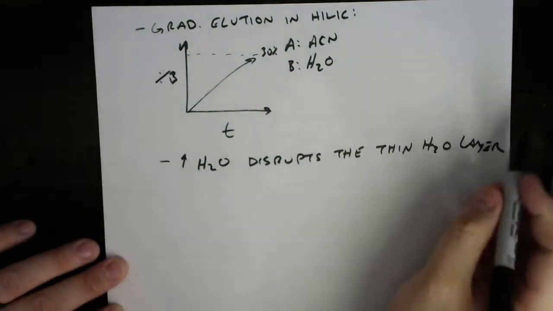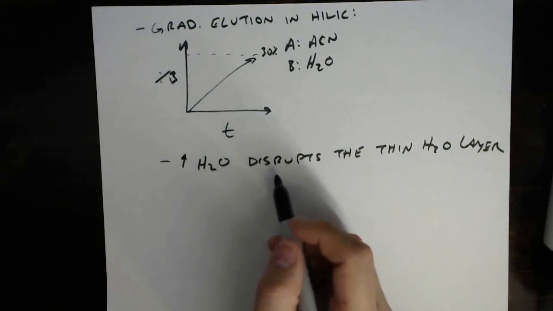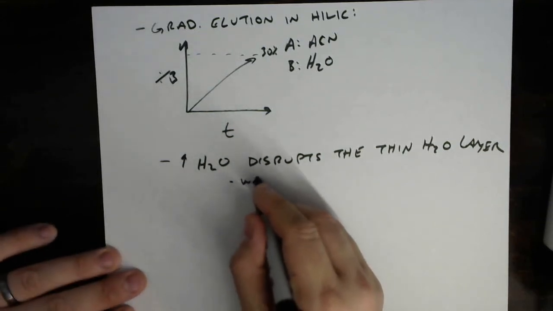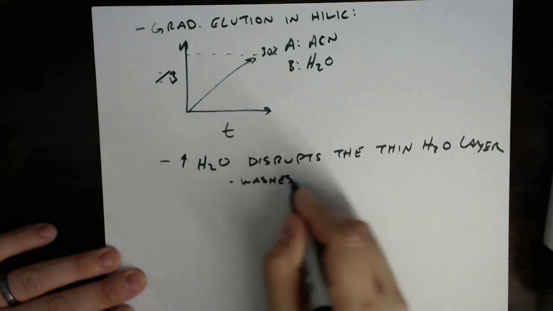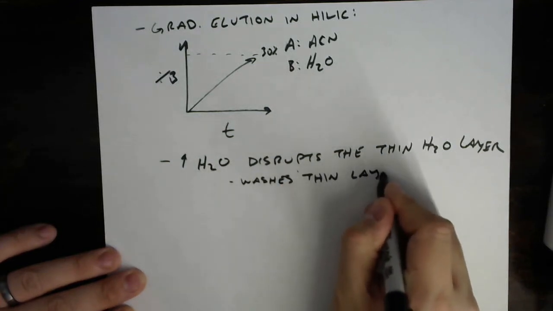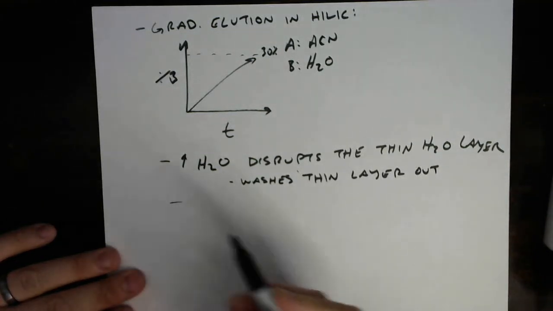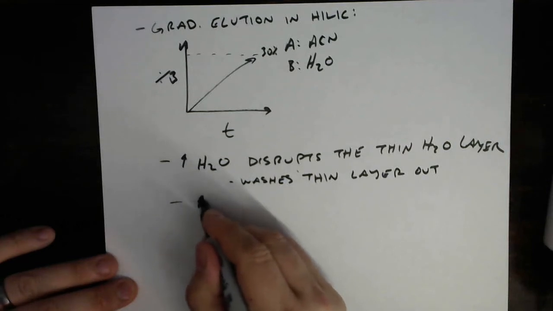Right, so increasing the amount of H2O essentially washes the thin layer out, right?